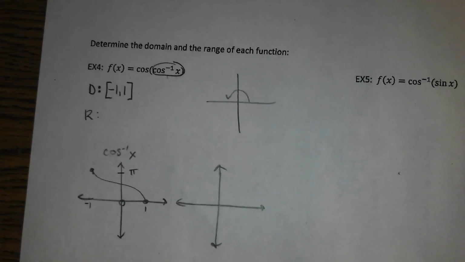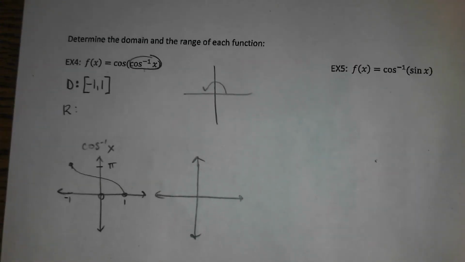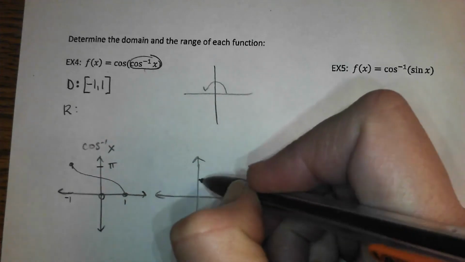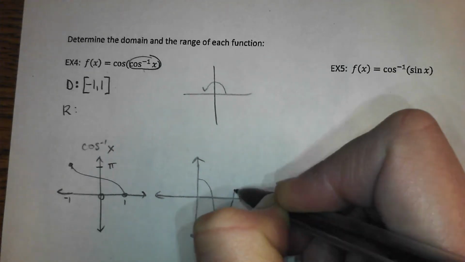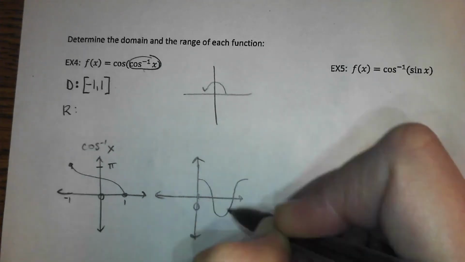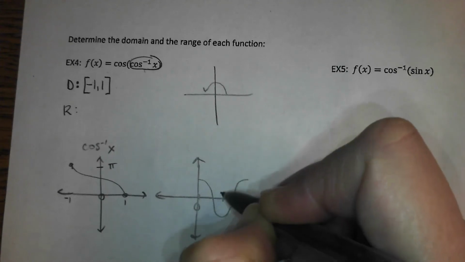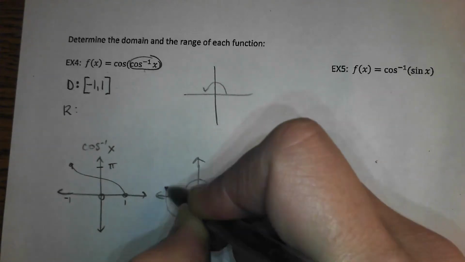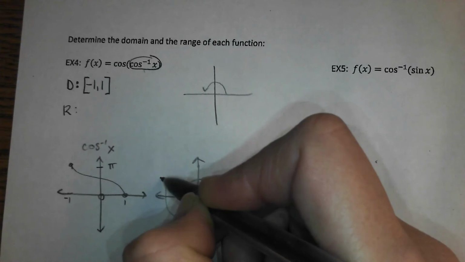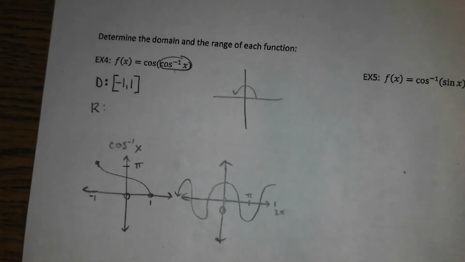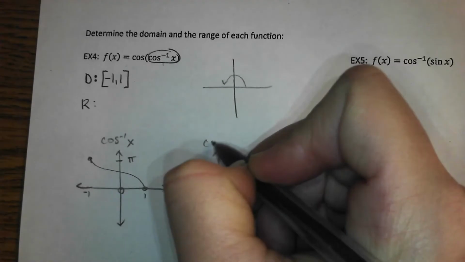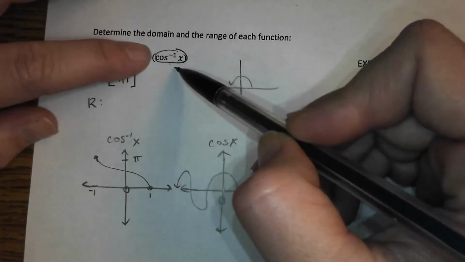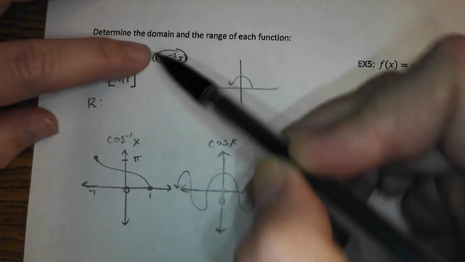This is +1. And then I'm going to do a cosine graph. 0, pi, 2 pi.